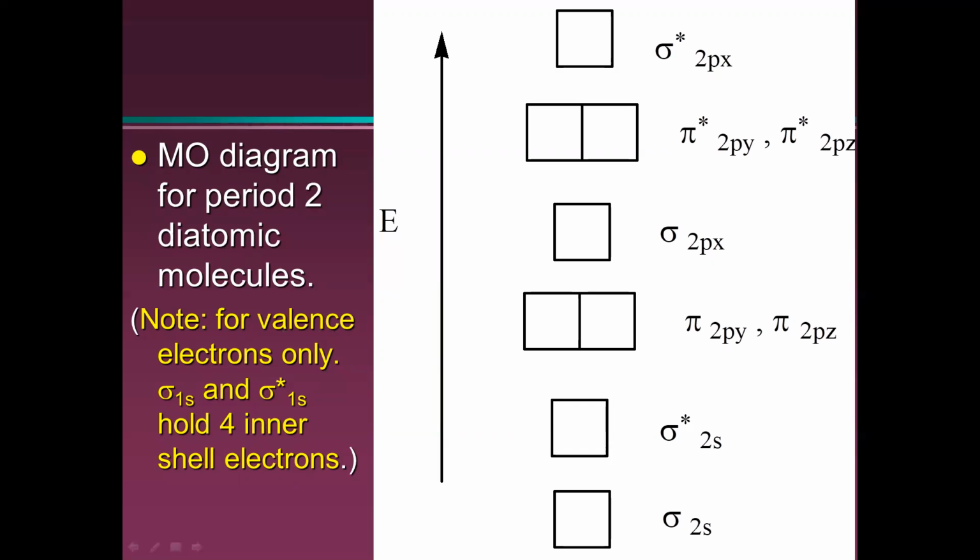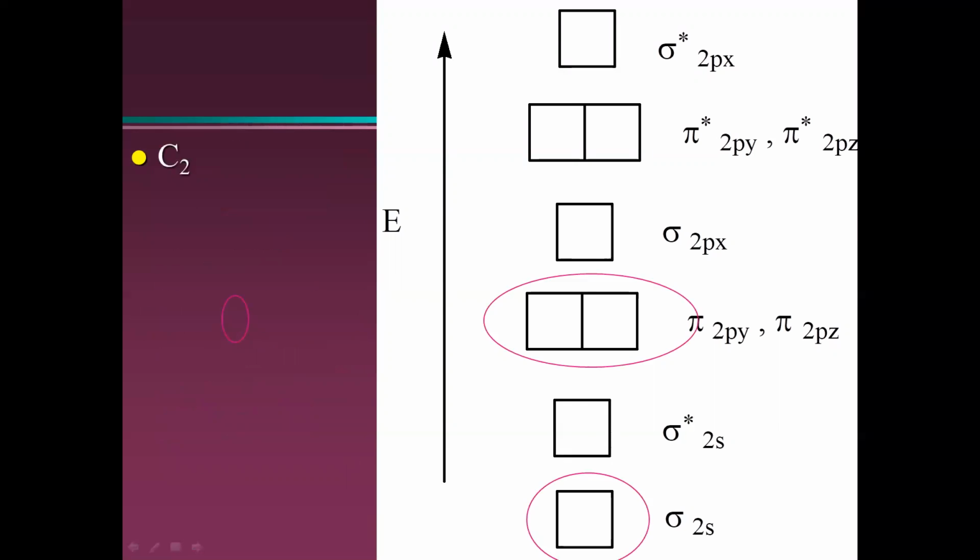Let's take a look at carbon first. Each carbon has 6 electrons altogether, but only 4 valence electrons because carbon belongs to group 4. So that means 2 carbons will have 8 valence electrons.